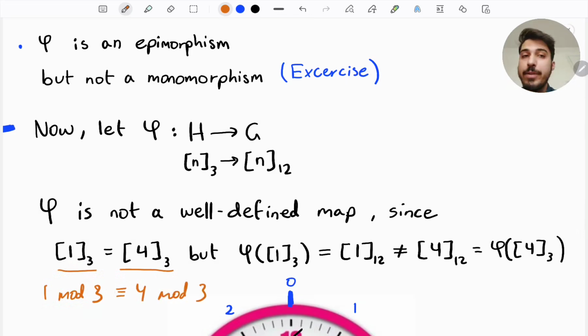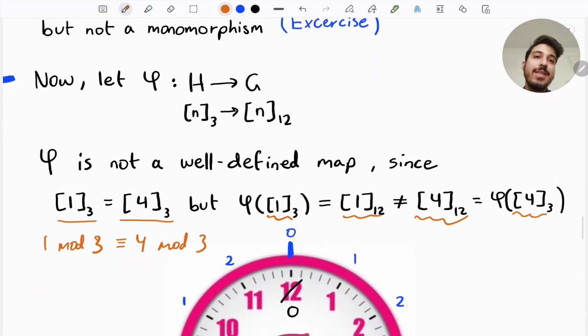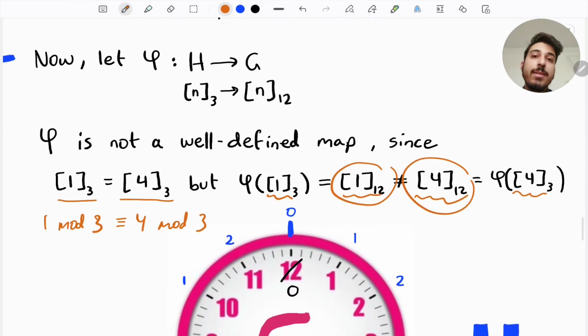But if we apply phi on 1, we get back 1 mod 12. And if we apply phi on 4, we get back 4 mod 12. And mod 12, these numbers are not equal. So we've just proved that phi sends a single element to two different elements, which are 1 mod 12 and 4 mod 12. So in fact, phi cannot be a well-defined map. So it is not a homomorphism because it's not even a map.